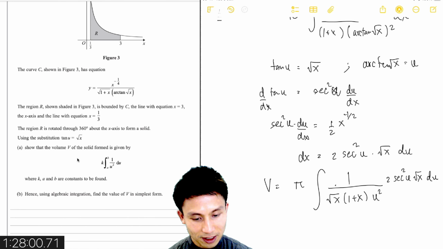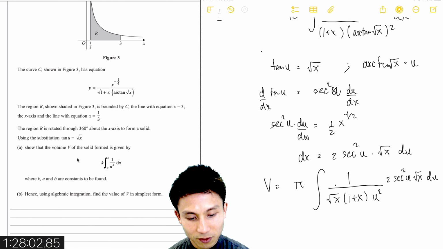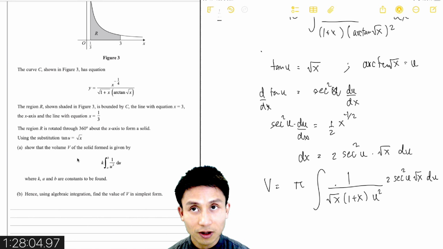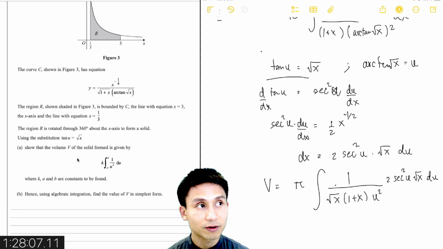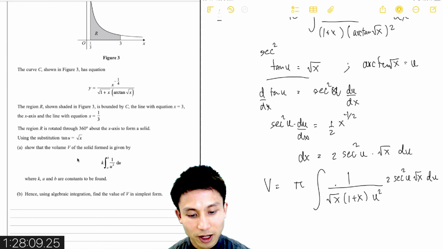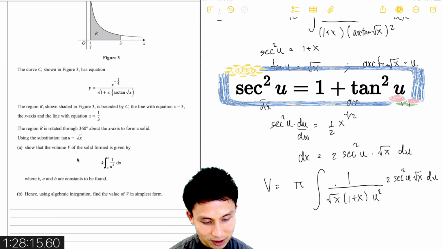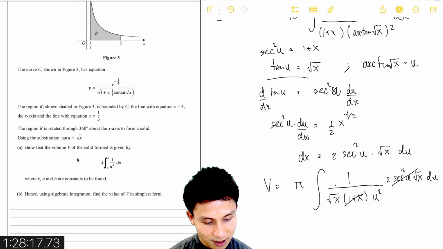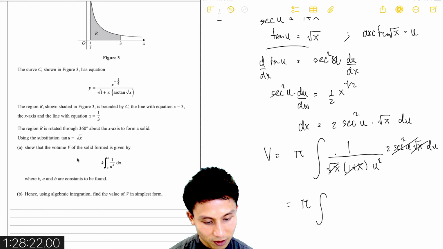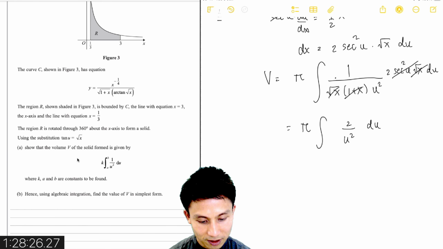Sec squared u is 1 plus x, just using the identity there. So that's also 1 plus x, so that's going to cancel that. And root x cancels root x, so that's going to be pi integral of 2 over u squared du. So I'm just left with that.